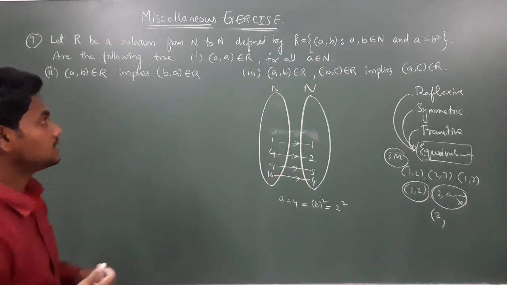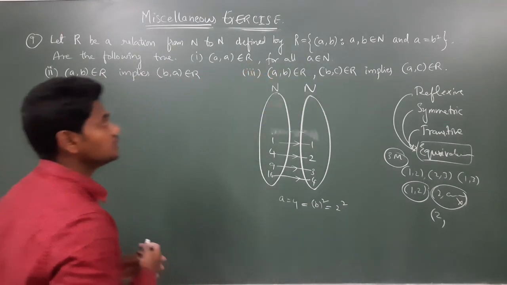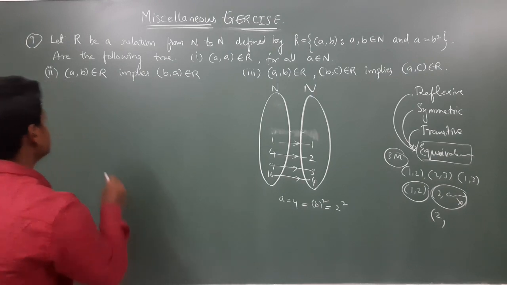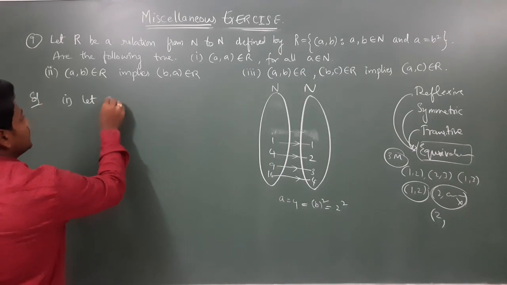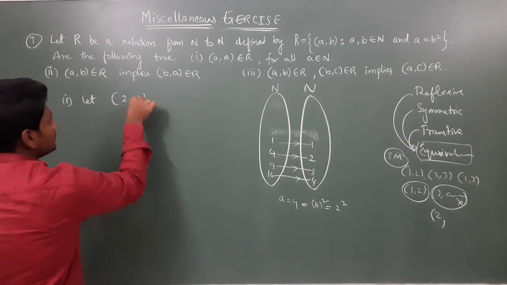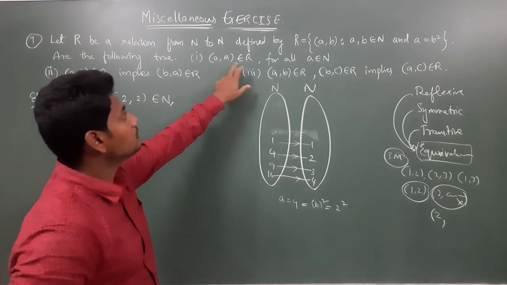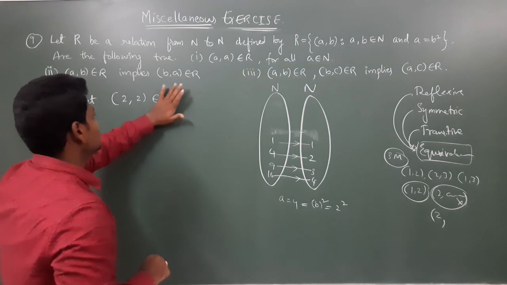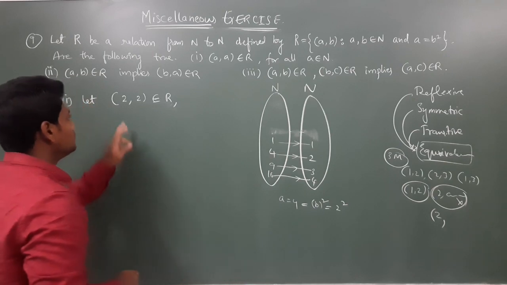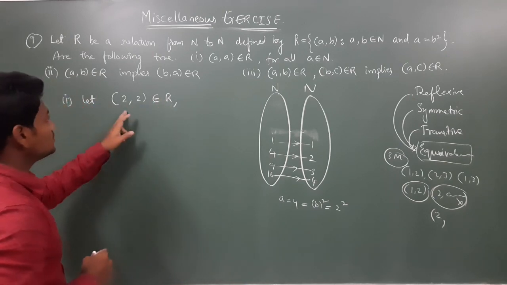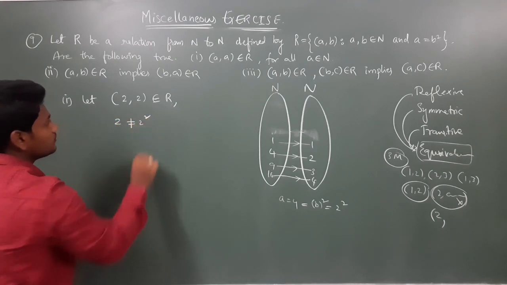Now based on that, we need to check whether (a, a) belongs to R for all a belongs to N. Let (2, 2) belong to R, both belonging to N. Will this relation satisfy? No. Why? Because 2 is not equal to 2 square.